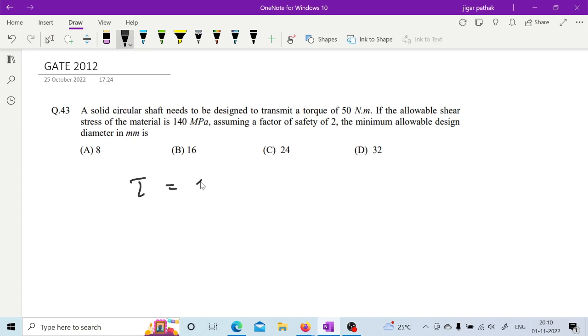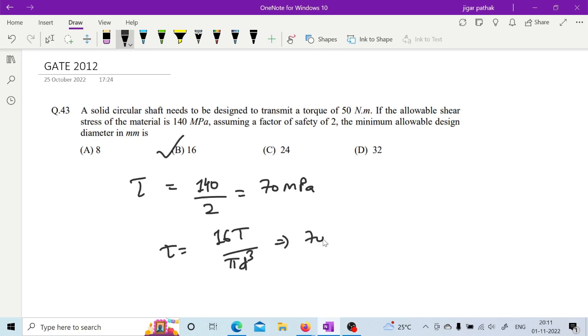So tau is 140 divided by the factor of safety 2, so 70 MPa will be your allowable stress. It will be B, 15.37 mm. Yes, it will be B only, because once you have this tau, then tau is equal to 16T upon pi d cube, right?